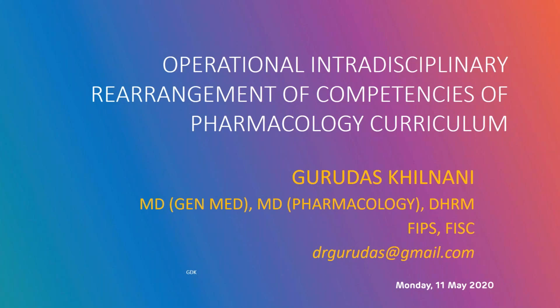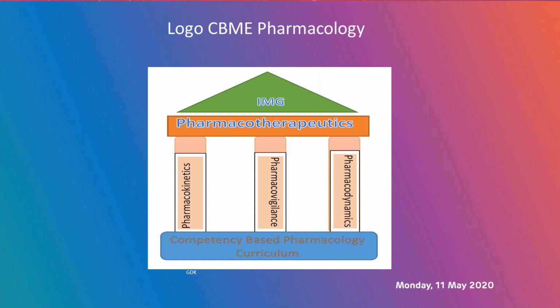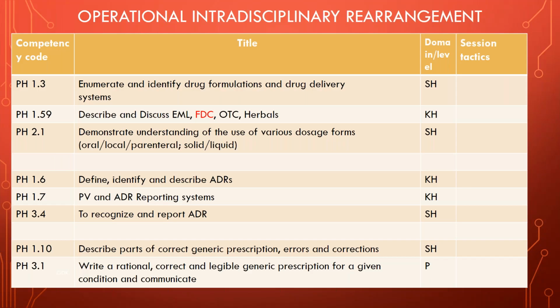So I will just finish up this introduction shortly. Now let us look at the first slide, PH 1.3: enumerate and identify drug formulations, drug delivery systems, whereas PH 1.59 is fixed dose combinations apart from other components in this competency. Then there is another one, PH 2.1, demonstrate understanding of use of various dosage forms.